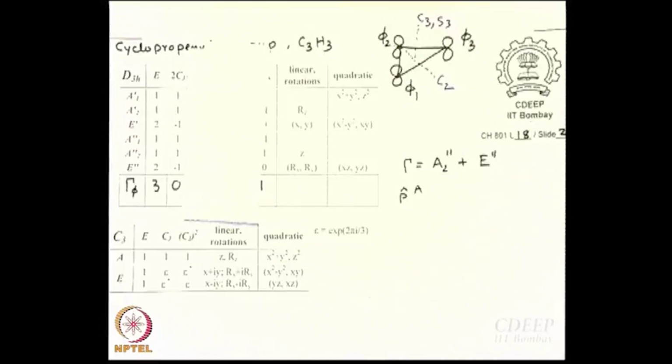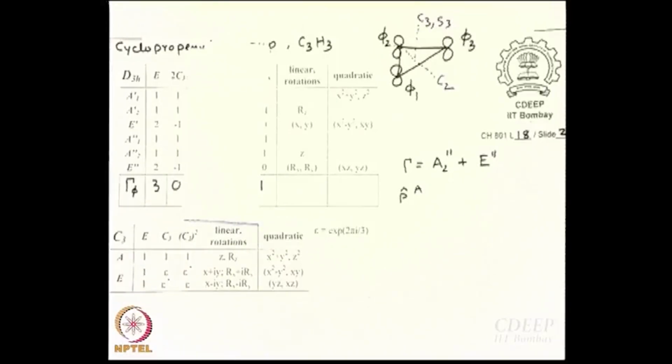E dashed is just E, isn't it? You just add these two. Do not forget that E is not really a reducible representation. One epsilon epsilon star is a reducible representation, one epsilon star epsilon is another reducible representation. They are taken together and they are called E, that is all. Okay. So, E dashed here becomes E. What about E double dash?